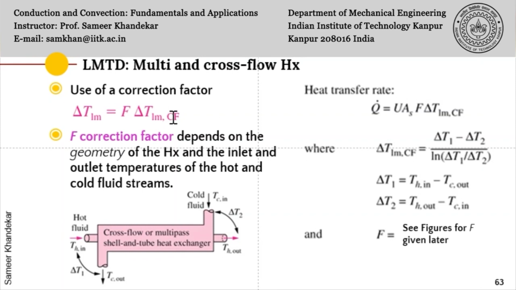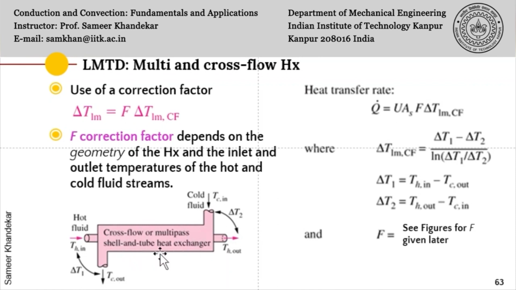Once you get that ideal LMTD for the simple parallel flow or counterflow heat exchanger, you multiply it with a factor F, which depends on the geometry of the heat exchanger you are actually working with. The inlet and outlet temperatures of the hot and cold fluid are given to you. Under these circumstances only can you find the LMTD.